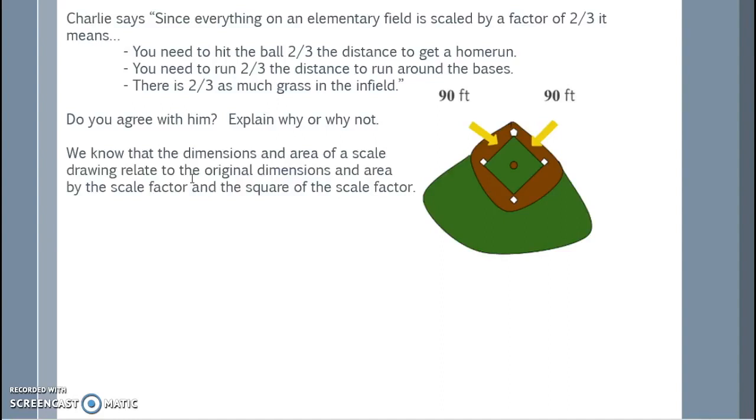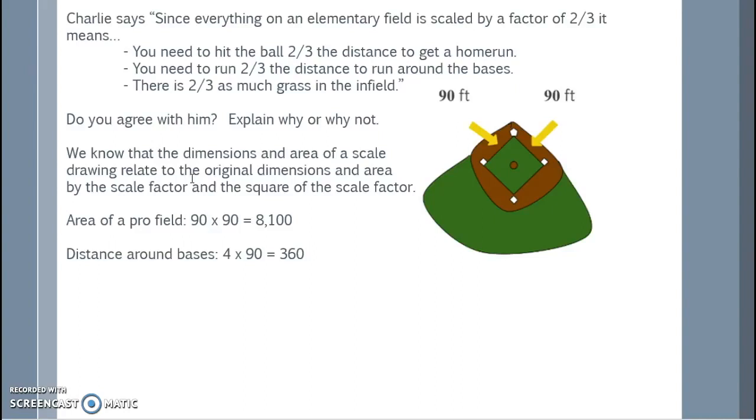We know that the dimensions and area of a scale drawing relate to the original dimensions and area by the scale factor and the square of the scale factor. So the area of a pro field, since it is a square, is 90 times 90, so 8,100.